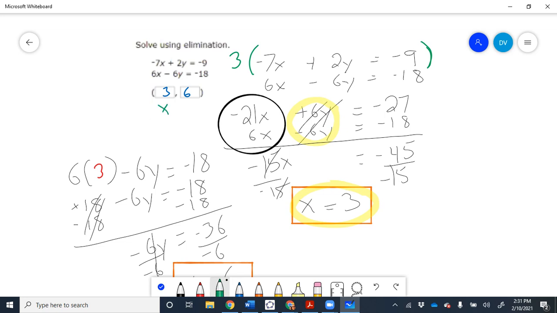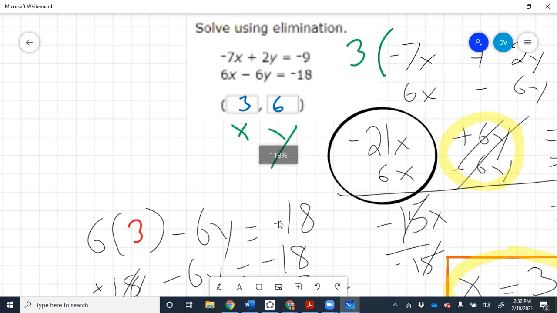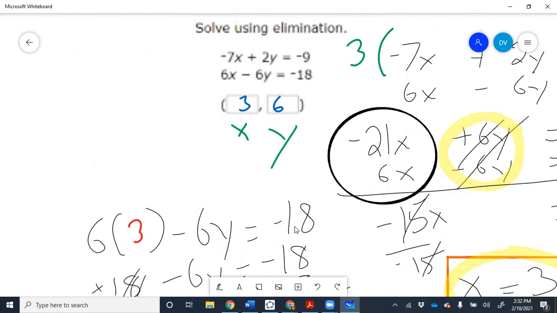Whenever we see the letter x, we're going to write 3. And whenever we see the letter y, we're going to replace it with a 6. So you need to check and see if these answers are right. I'm going to write both equations again, just to check to see if my answer is right.